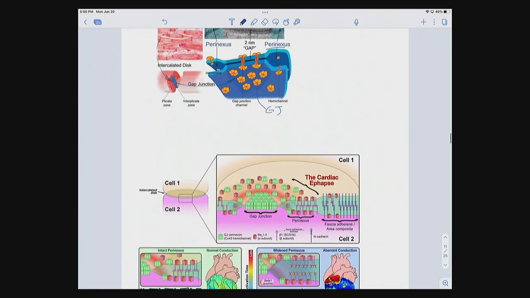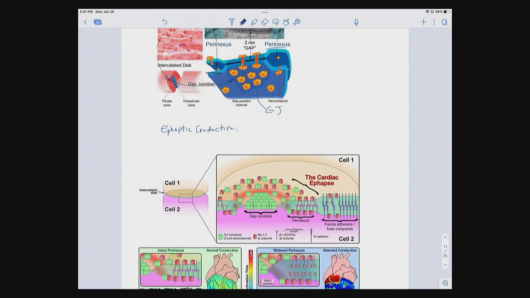So I want to introduce you to another concept, and it is the concept of ephaptic conduction. Ephaptic conduction is yet another way for one cell to communicate with another cell when we're talking about voltage changes.